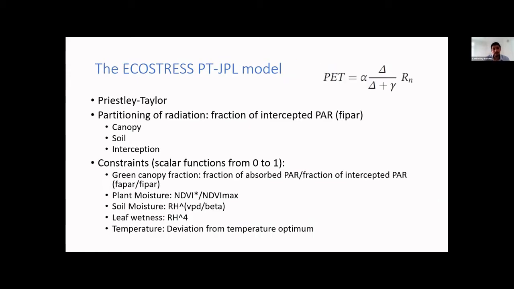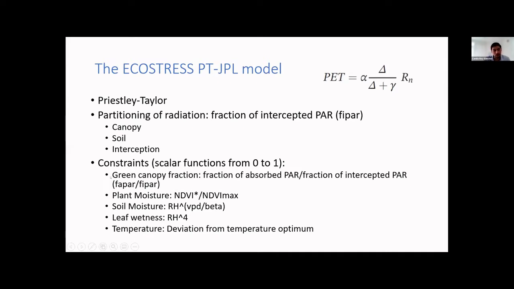At the heart of the Ecostress products is the PT-JPL model that models the potential evapotranspiration based on the partitioning of net radiation between the canopy and the soil, and it also allows us to calculate the interception evaporation from the canopy. Along with that, there are some constraints that reduce that potential evapotranspiration into actual evapotranspiration.